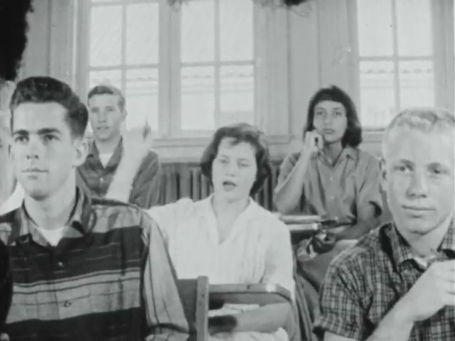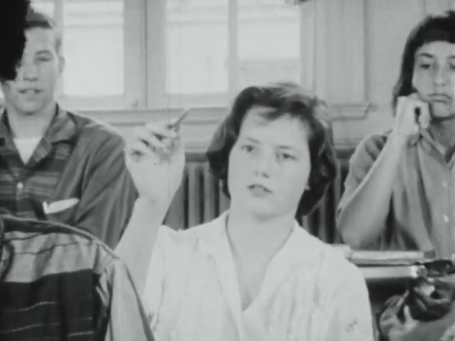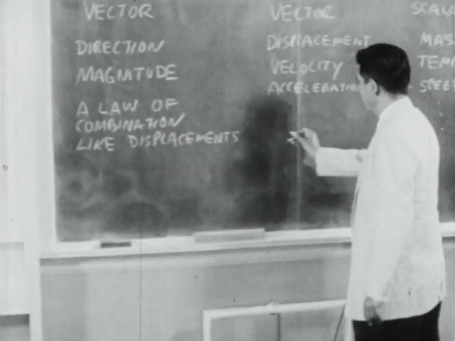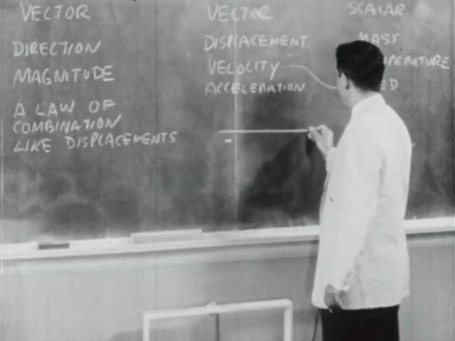Question? How can you tell if the vector, the resultant, goes from the head of A to the head of B or the head of B to the head of A? Let me do it by going to the blackboard and drawing this vector.